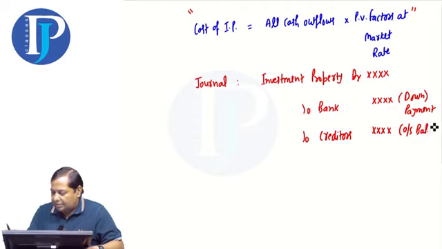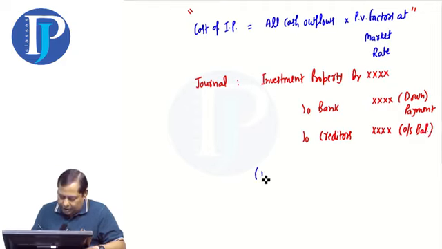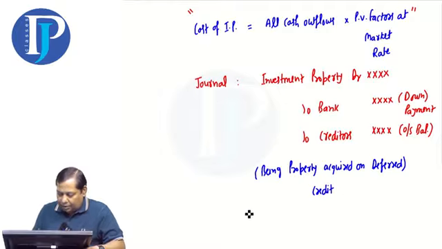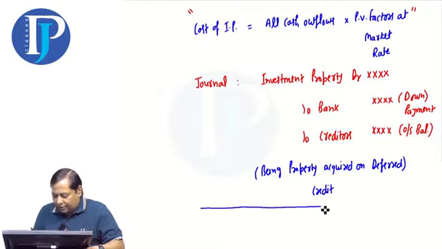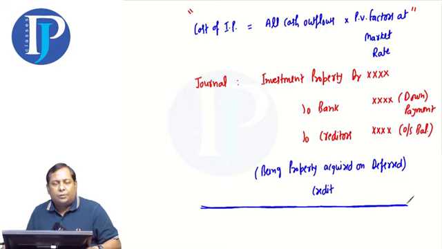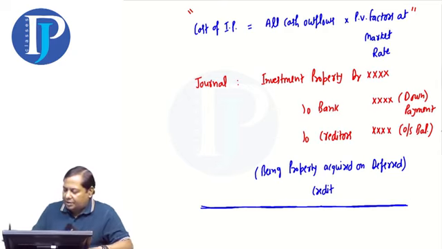This is your outstanding balance. We write: being property acquired on deferred credit. First, you need to discount the cash flows and then pass this entry.